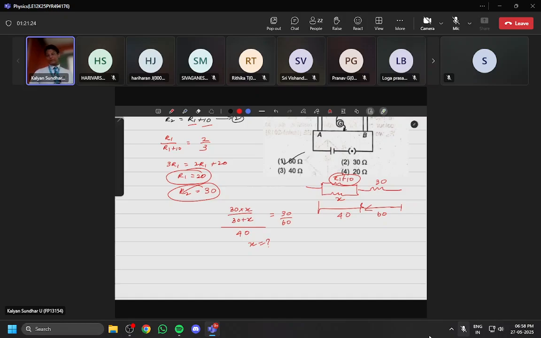Understood? Now here comes your resistance per unit length formula. This is the resistance per unit length, 40, which will also be equal to resistance per unit length. Okay, sir. Right, sir.